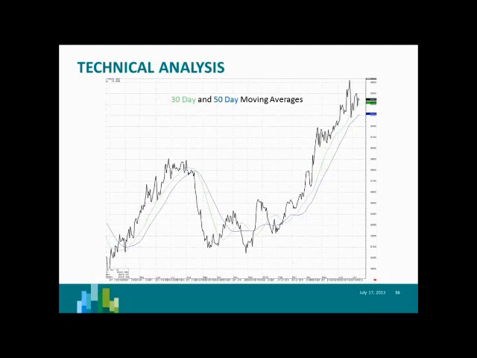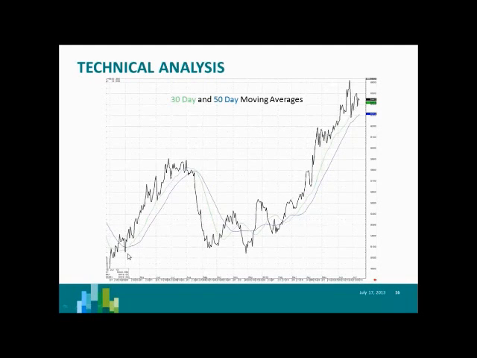When you put together two commodities, you can definitely use your current tool set. So here, all I did was put on the 30-day moving average and the 50-day moving average. And you can see here that the 30-day moving average is in green, and you can see it is moving very nicely, and the 50-day is in the blue.